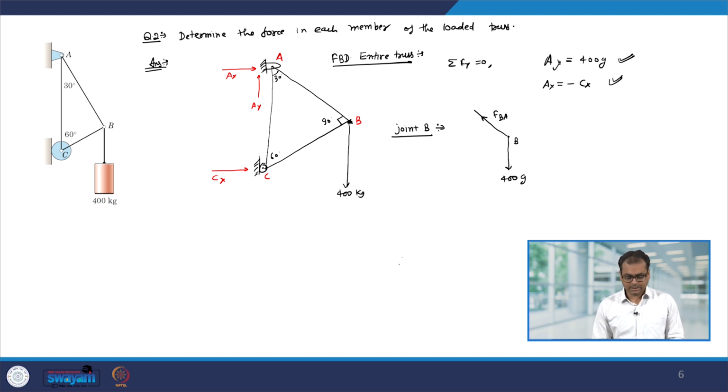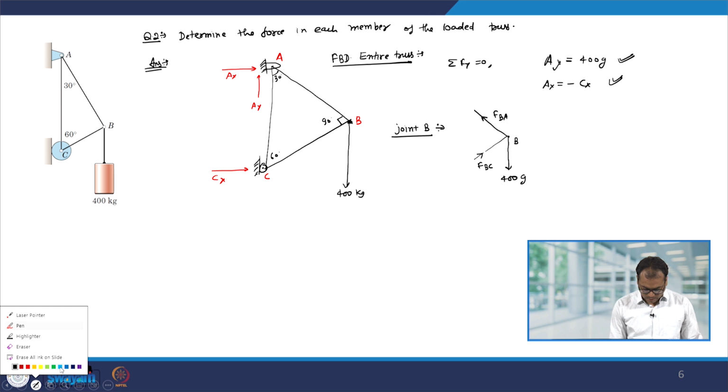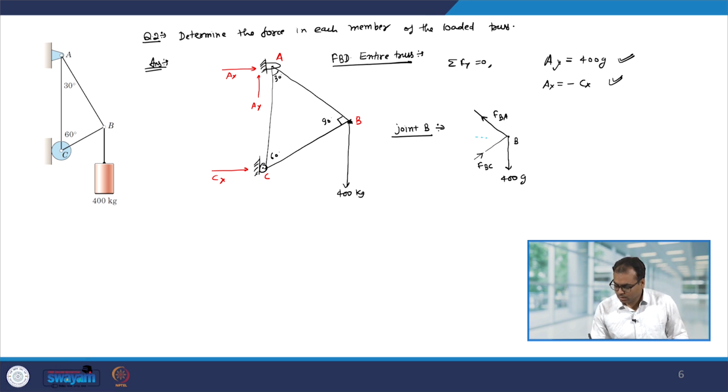So, let me put the direction like that, and there will be a force along BC. Okay. So, let me put this force like that because I have to balance the horizontal forces of FAB. So, therefore, I am going to put it like this and let us call it FBC. Now, from the geometry you can see that this angle is 30 degree and this angle is 60 degree.